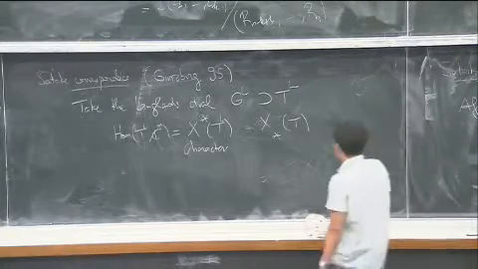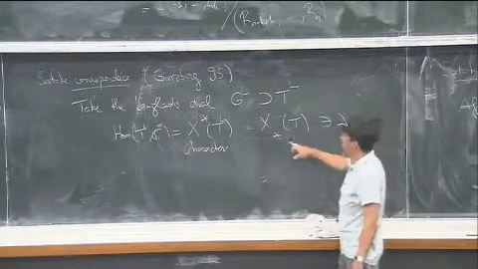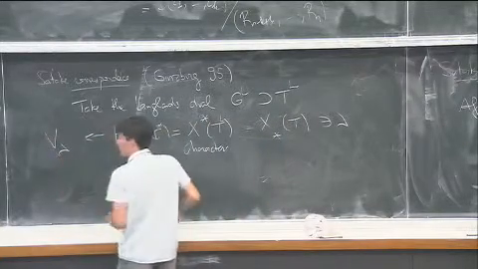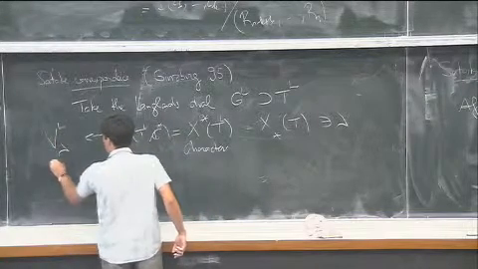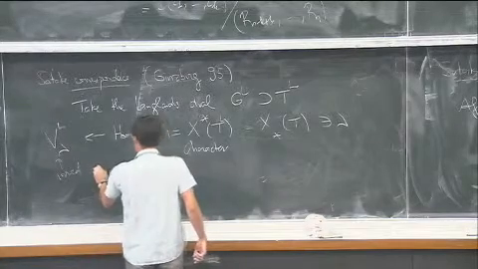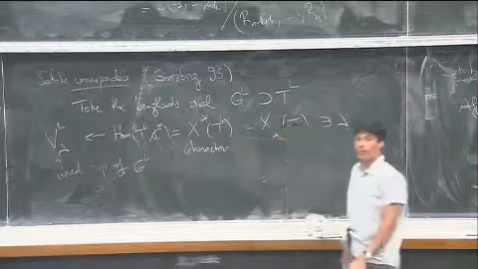Okay, so if I take my lambda here, it defines an irreducible representation of the Langlands dual.